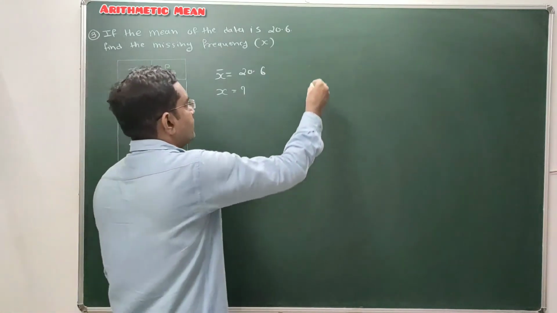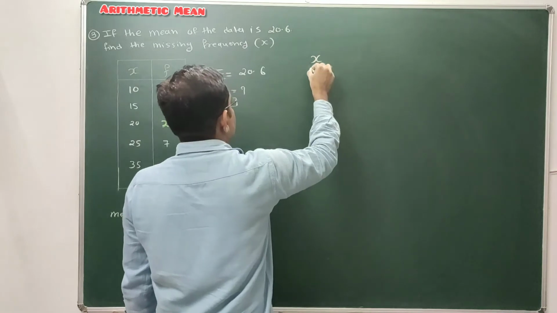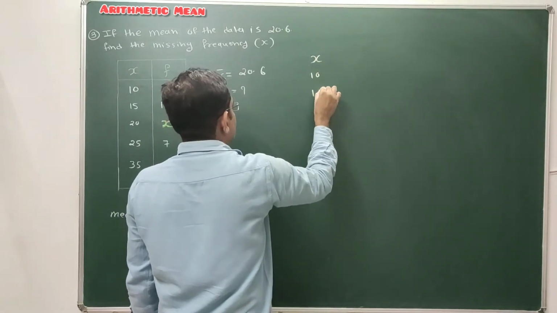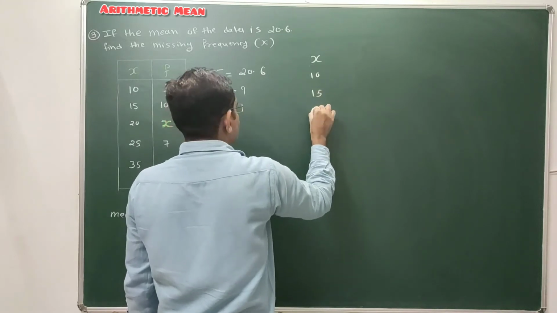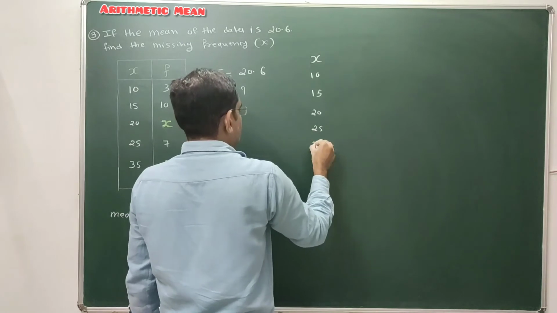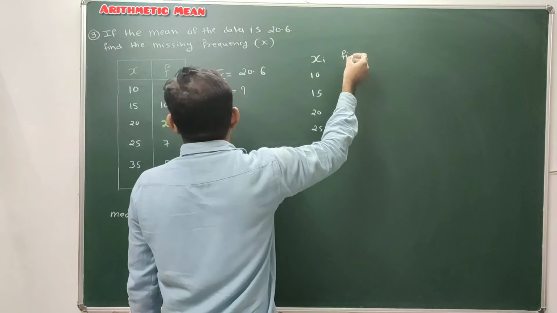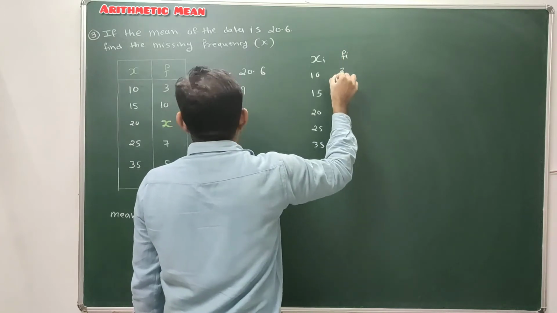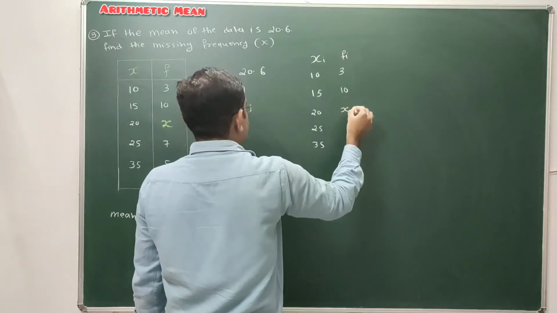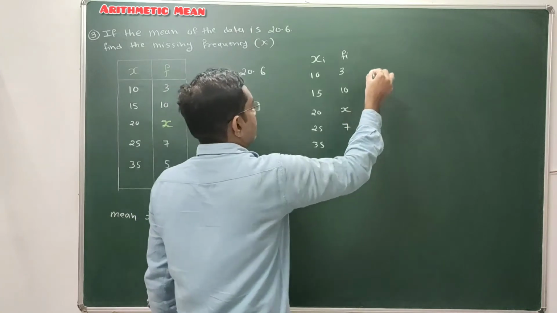So here our table will be like this. Our observations: 10, 15, 20, 25, 35. Frequencies of observations: 3, 10, x, 7 and 5.